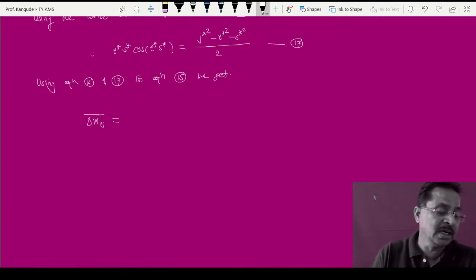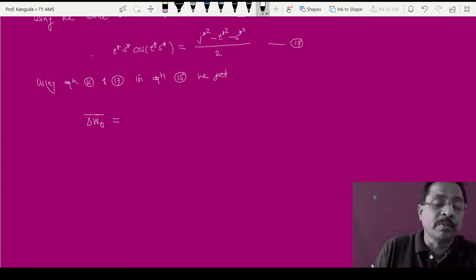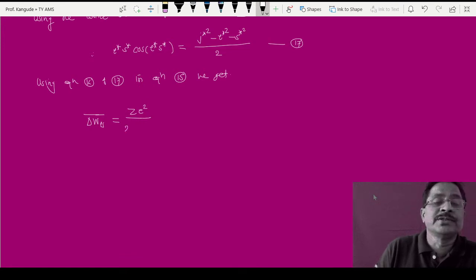Replacing all these numbers, we get Z E square divided by twice M square C cube multiplied by H cross square, this term as it is, multiplied by Z cube.